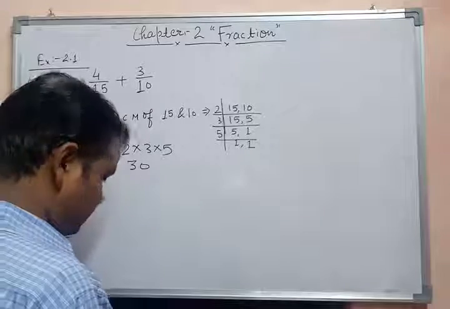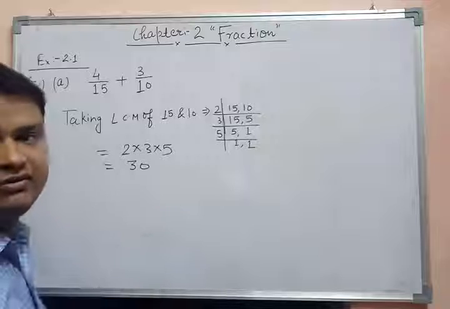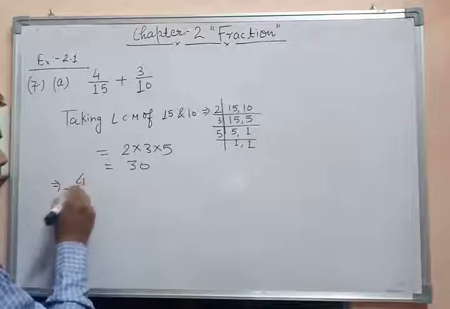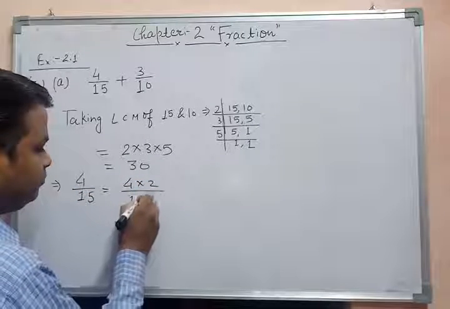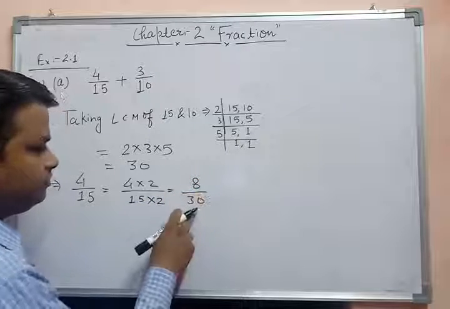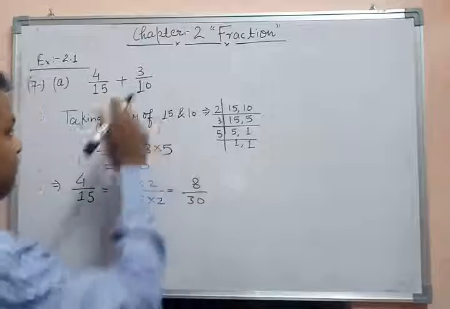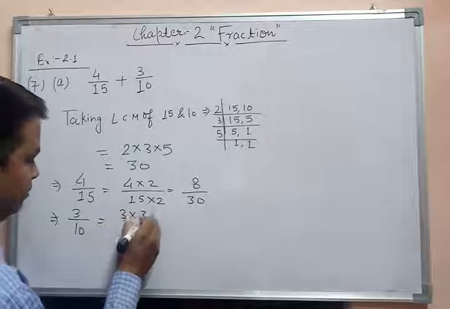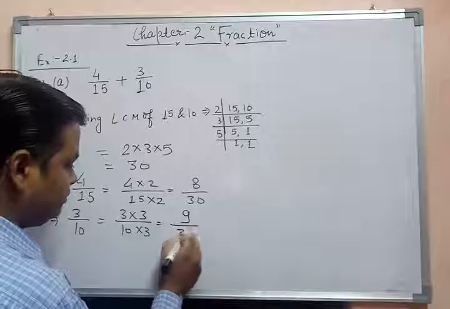Now we have to convert both fractions into equivalent fractions with denominator 30. 4 upon 15 we can write as 4 into 2 upon 15 into 2, which gives 8 upon 30. For the fraction 3 upon 10 we can write 3 threes are 9 and 10 threes are 30.